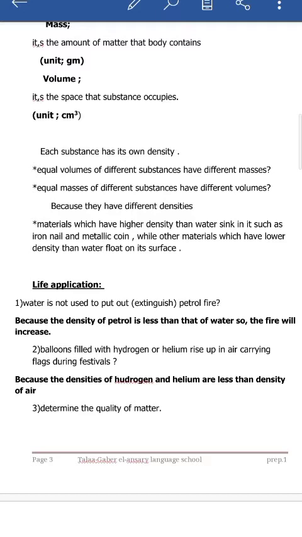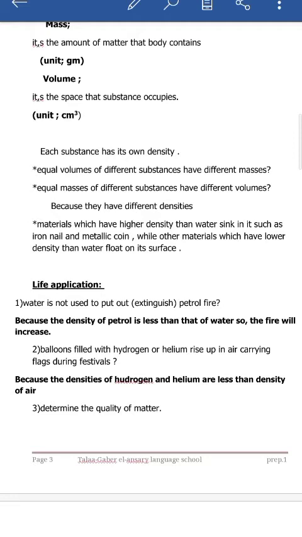Give reason. Water isn't used to put out or extinguish petrol fires. Why? Because the density of petrol is less than that of water. So the fire will be increased, as petrol, oil has less density than water, so it will float on water surface.